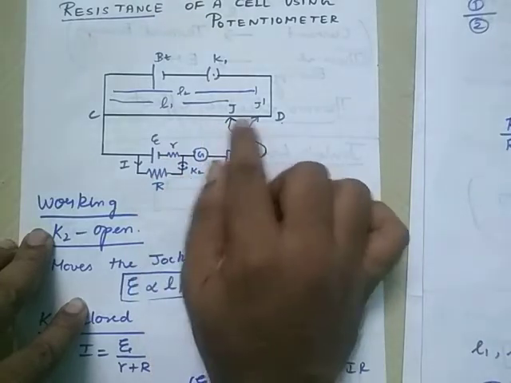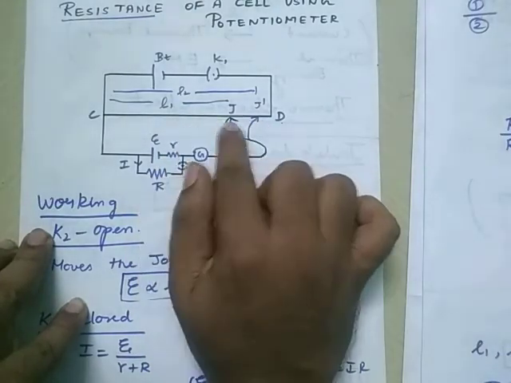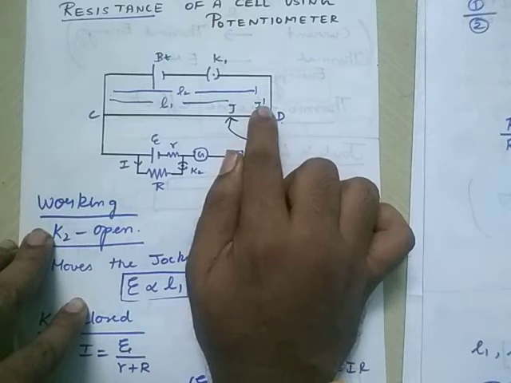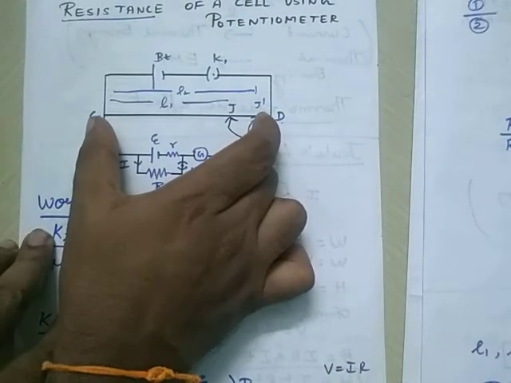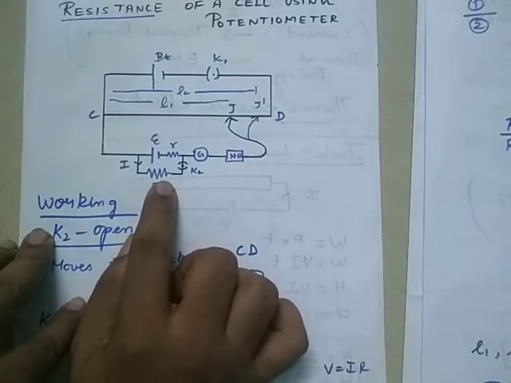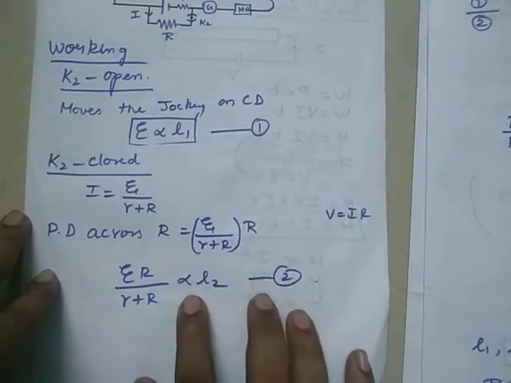At that case we move the jockey on the wire CD to the point J dash, and the galvanometer shows zero deflection. That means the potential drop across CJ dash is equal to the potential drop across the resistor R. Then we get this expression.